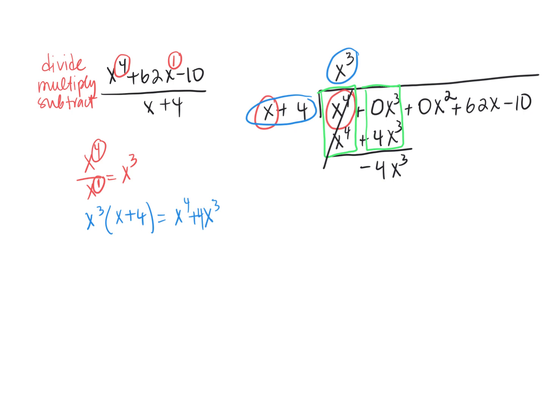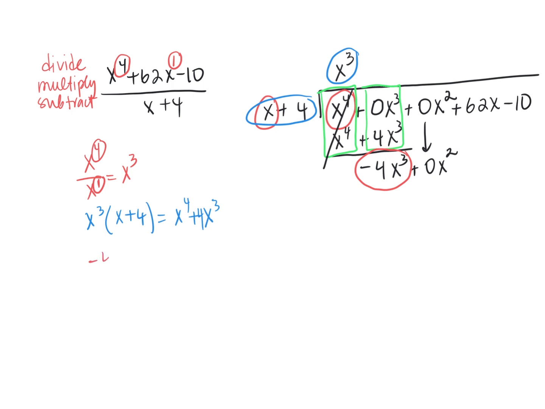Now we're going to bring the next term down, which is 0x to the 2nd, and we're going to repeat all of the steps. So now the red steps. Negative 4x to the 3rd will be divided by that same x that we used to divide by before.